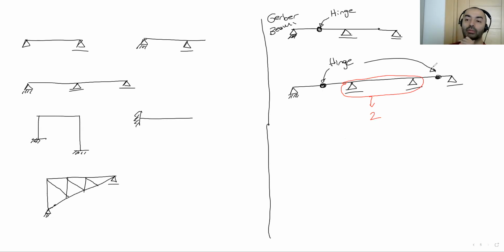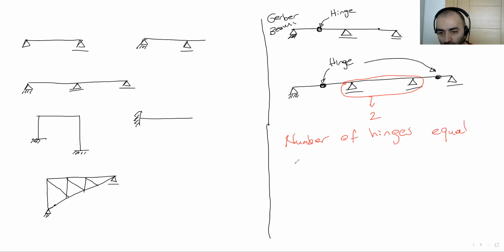We should apply at least two hinges to the structural system. Number of hinges equals number of internal supports.